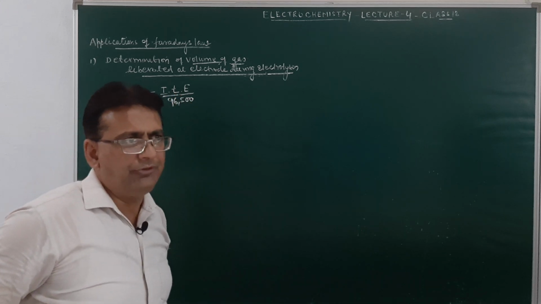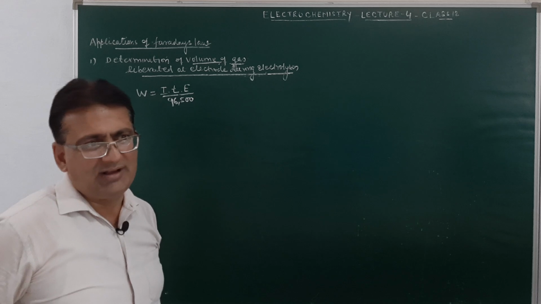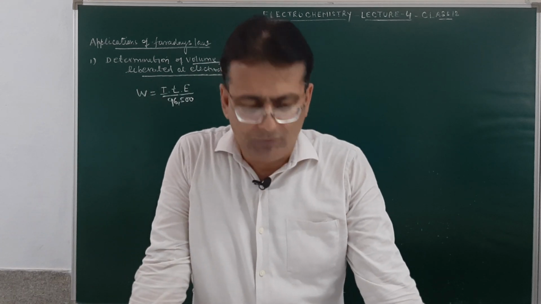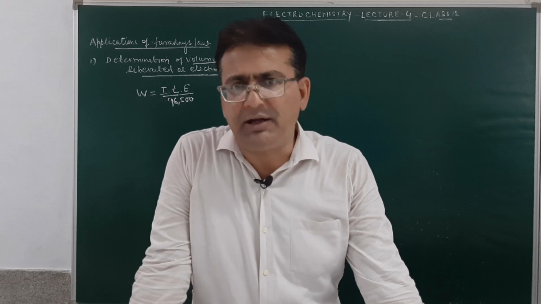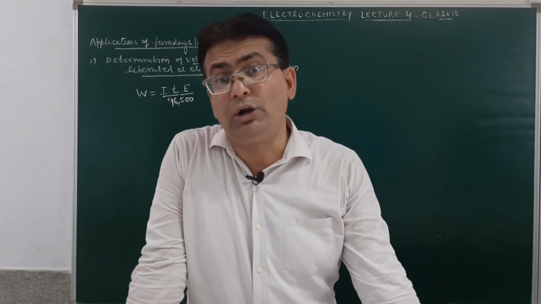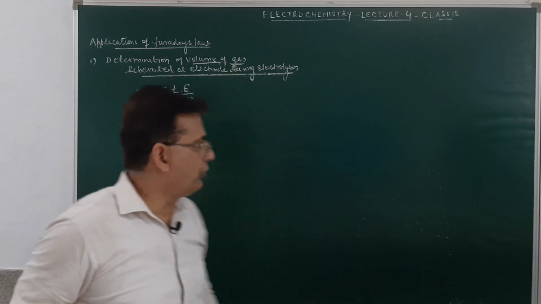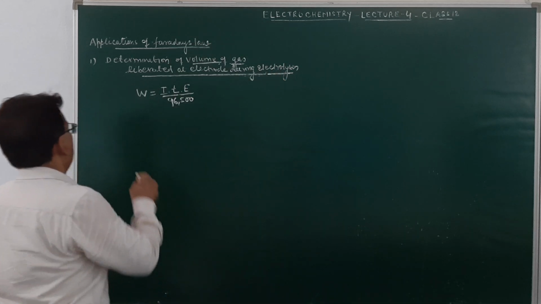Now, if instead of equivalent mass we consider the volume of a gas liberated at the electrode, then that volume will be called the equivalent volume of the gas. So, we can modify this formula.